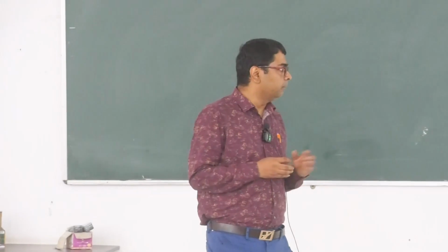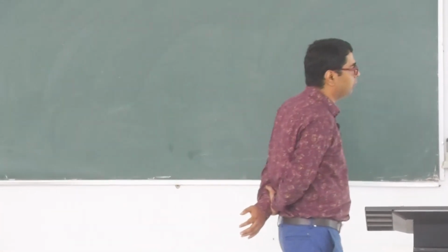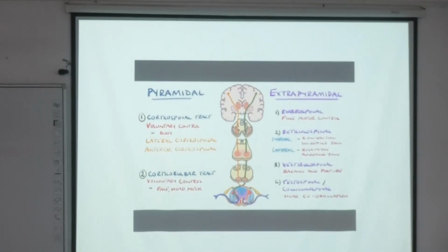Now, there are two types of pyramidal tract. One is the corticospinal and the second is the corticobulbar tract.